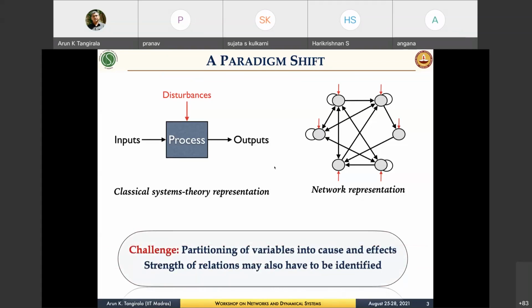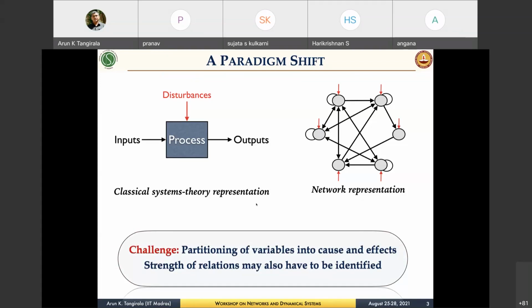Now, the challenge in working with network representations, especially when you have to reconstruct it from data, which is what I'm going to focus on in this talk today, we are talking of causal discovery. That means I have to discover this causal relation from data. And the biggest challenge, of course, is partitioning the variables into cause and effects.